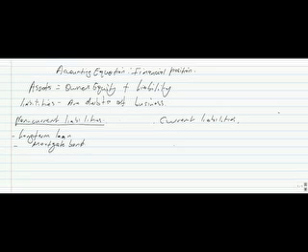Non-current liabilities are those liabilities which can be paid in a period of more than 1 year. It can take 5 years to be paid, it can take 6 years, it can take 10 years to be paid. But current liabilities are the debts which can be payable within 1 year.